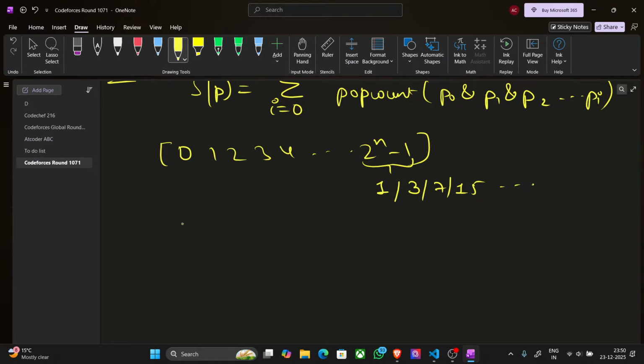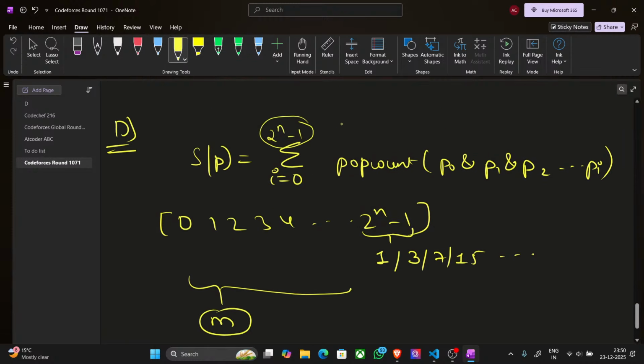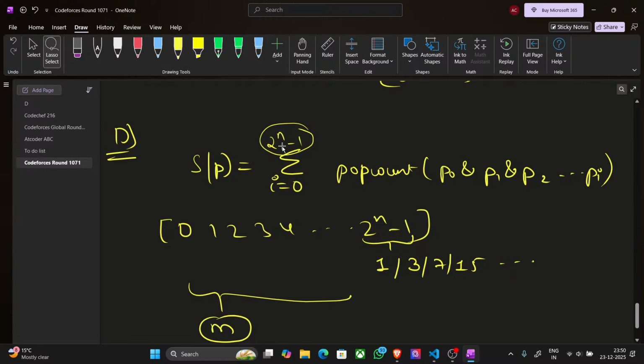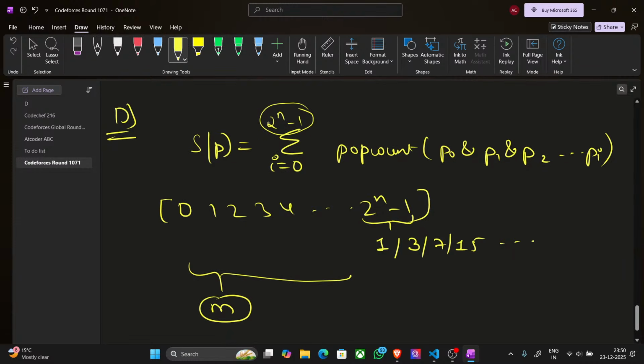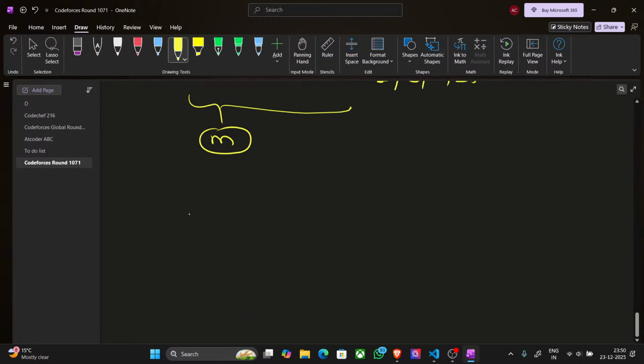So let's say my array length is m. So I can just replace it with m, right? So it will not be confusing for you. Now, if I open this summation, it will look like this.